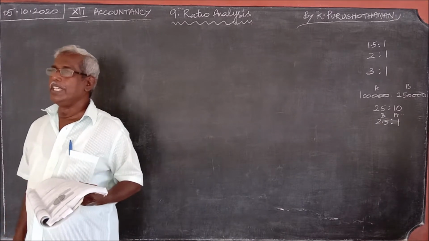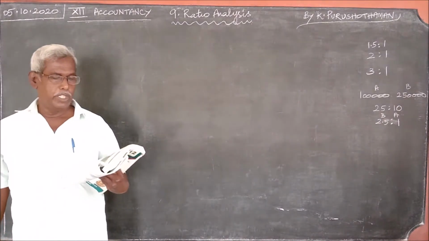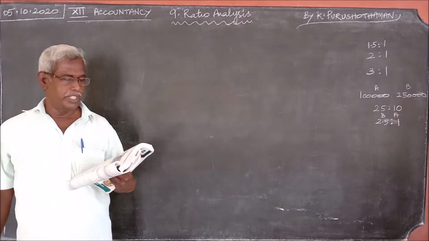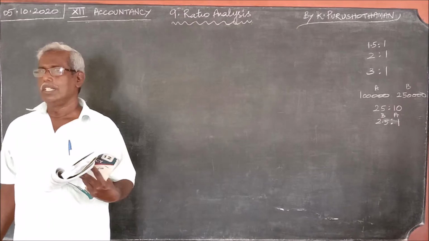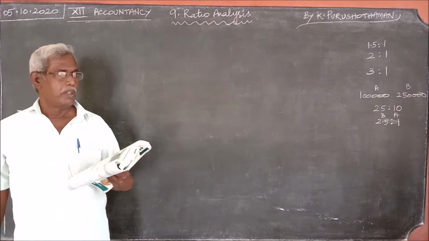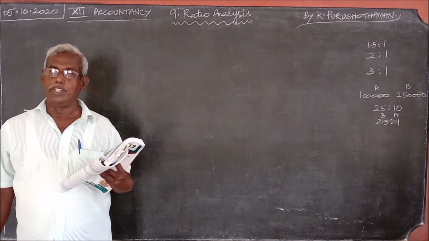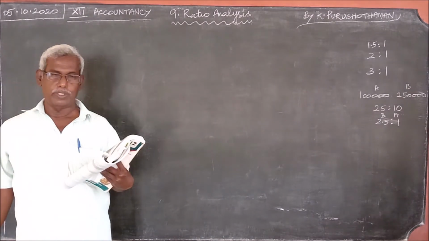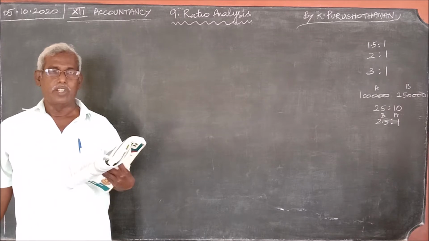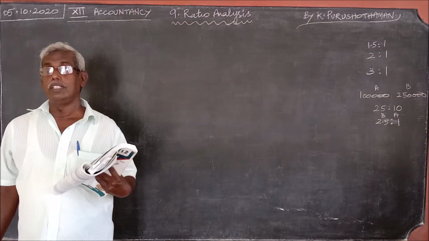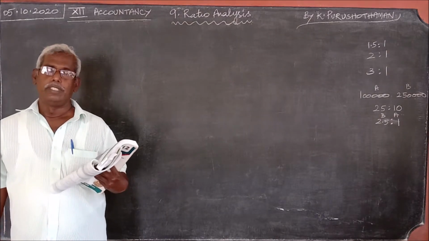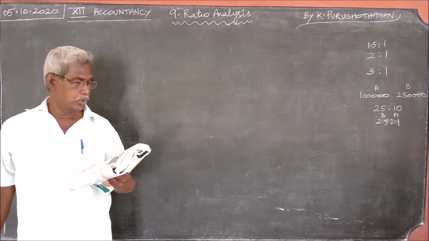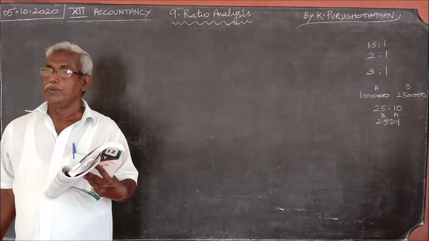One is the liquidity ratio, second is solvency ratio or long-term solvency ratio, third is turnover ratio, and fourth is profitability ratio.